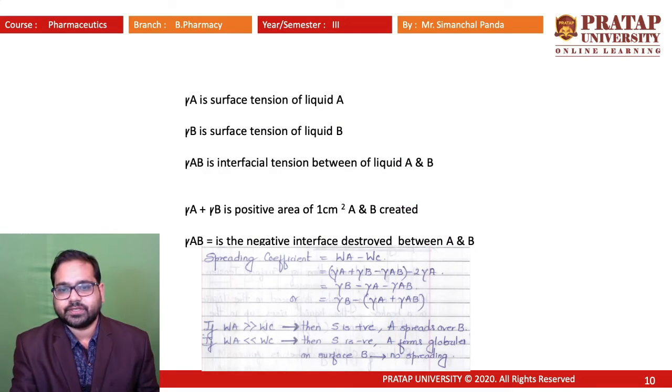So the spreading coefficient is written as WA minus WC.